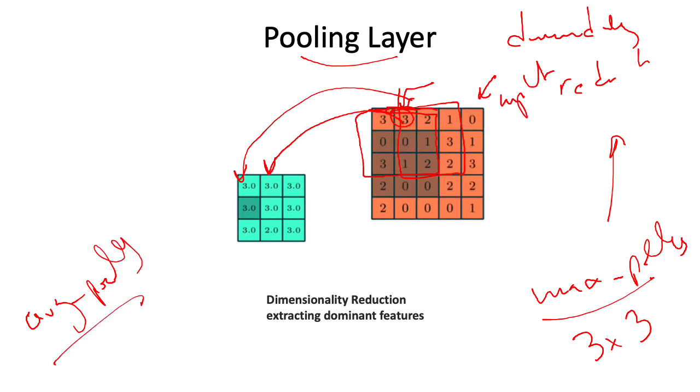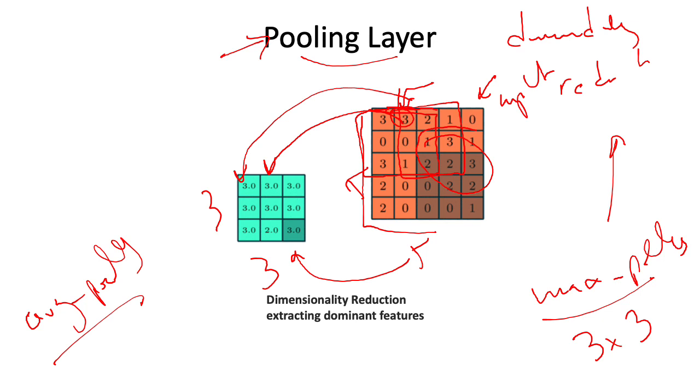The same idea: we calculate the average of all the pixel values in our sliding window. You can see that as input we started with a 5x5 size, and once we did the pooling, we ended up with a 3x3 output. So the main objective is to reduce the dimensionality.